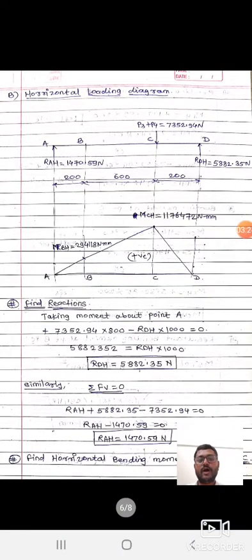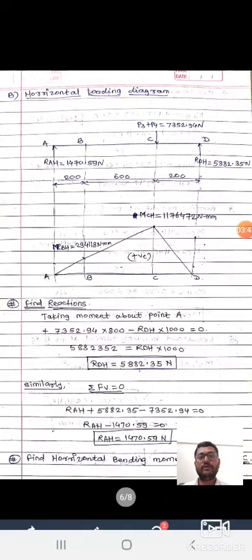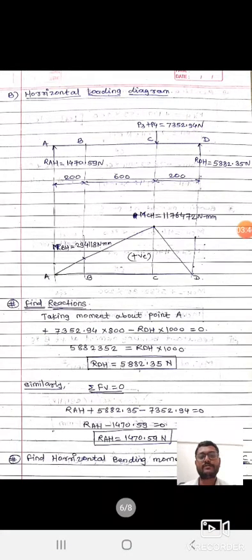So if we evaluate this equation, RAH is 1470.59, the reaction at point A. The answer for the reaction at point A is 1470.59 Newton. In this way we have found the values of the reactions.